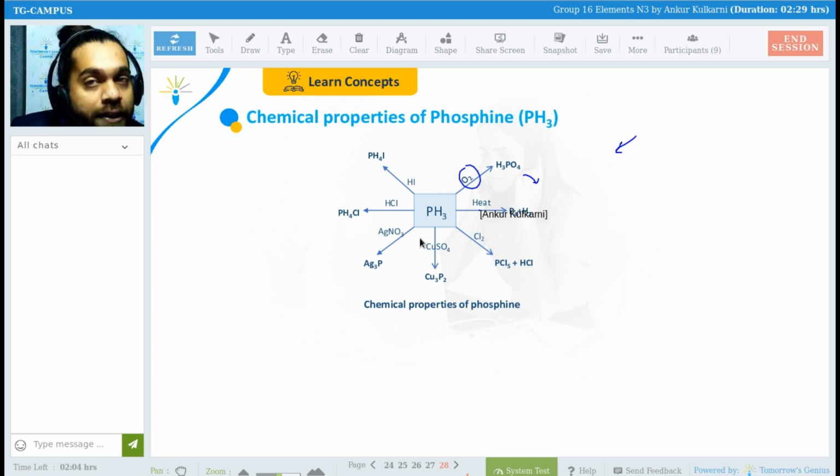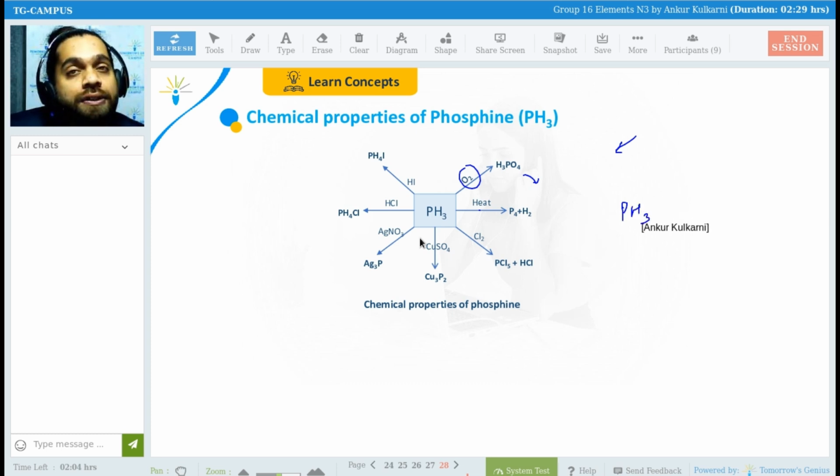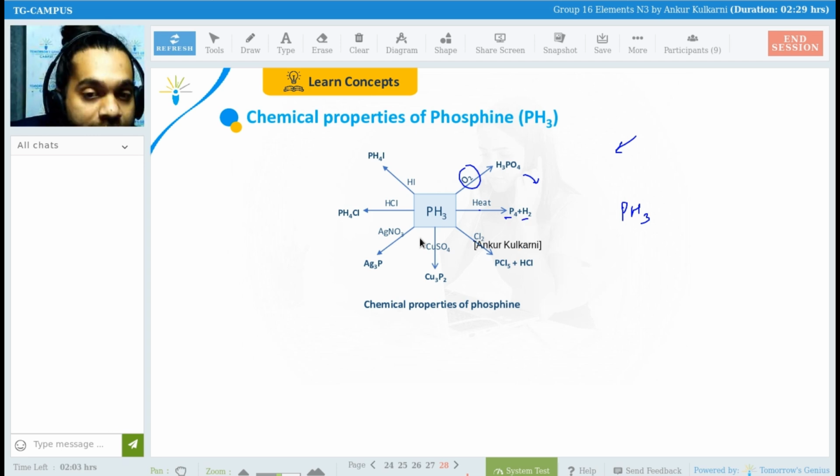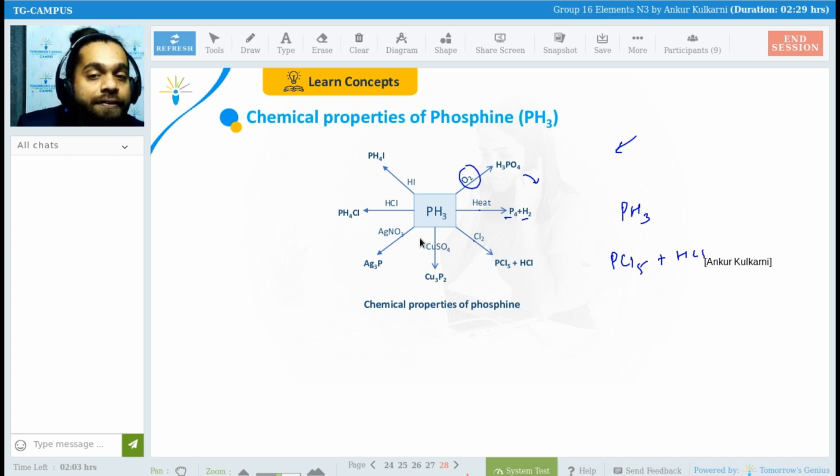If I heat the phosphine, it decomposes into phosphorus and hydrogen, since only those two things are there in phosphine. If I chlorinate it, the chlorinating agent attacks at P, and I will get PCl5 and HCl. If I react it with copper sulfate, I will get phosphide. Reacting with silver, again the phosphide.